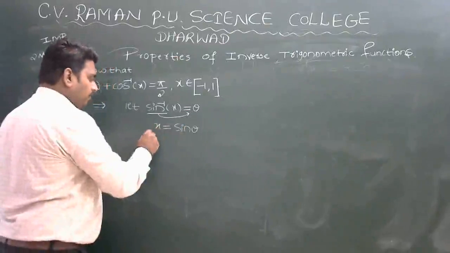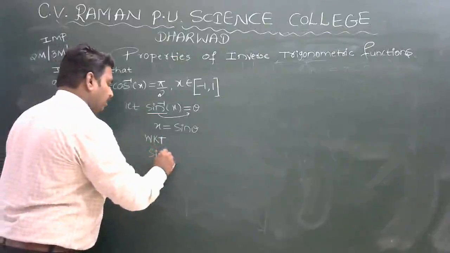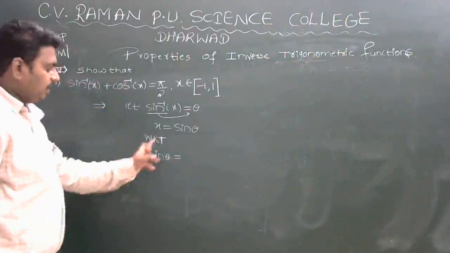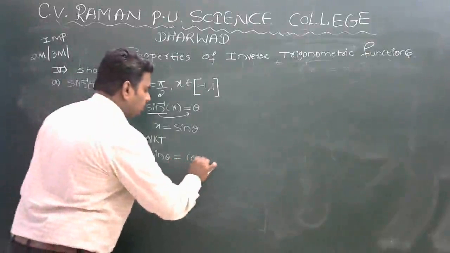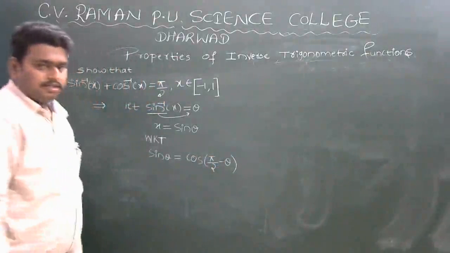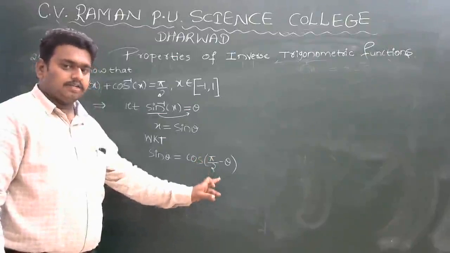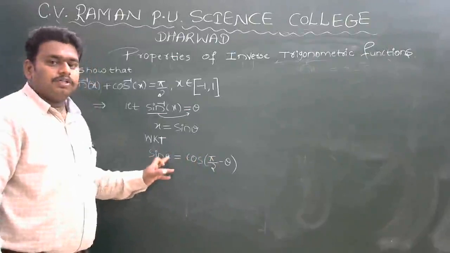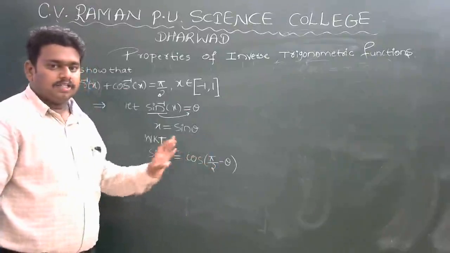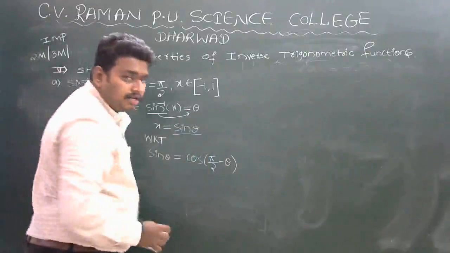Okay, so we know that sin theta can be written as cos of 90 minus theta. In the first quadrant, cos of 90 minus theta gives sin theta. Just replace sin theta by cos of 90 minus theta.